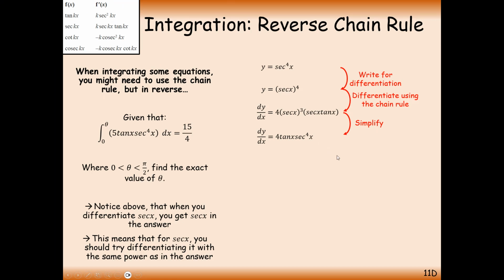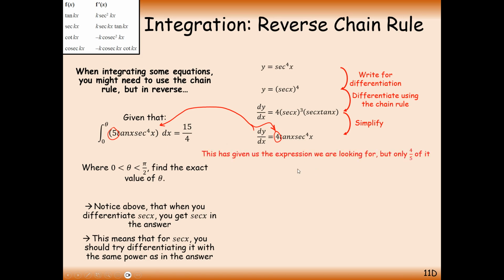But, okay, what are the similarities and differences between this function and this? This derivative function here is multiplied by 4, but this answer has a factor of 5 at the front. How do we deal with that? We can put the 4 at the front and factor 5 out of the integral and factor a quarter out of the integral as well.